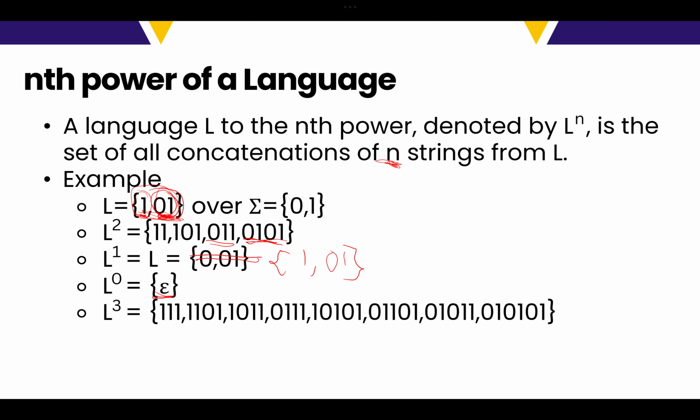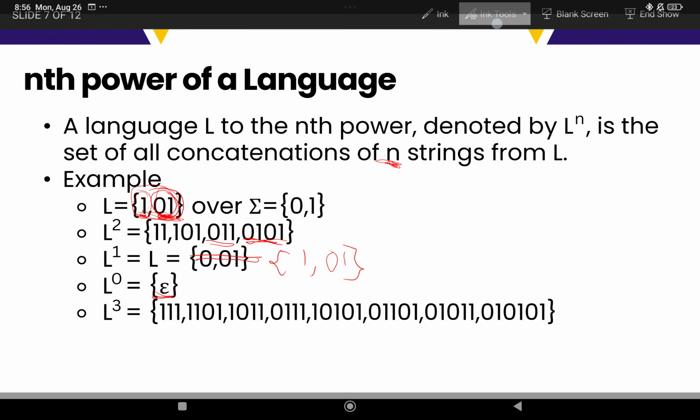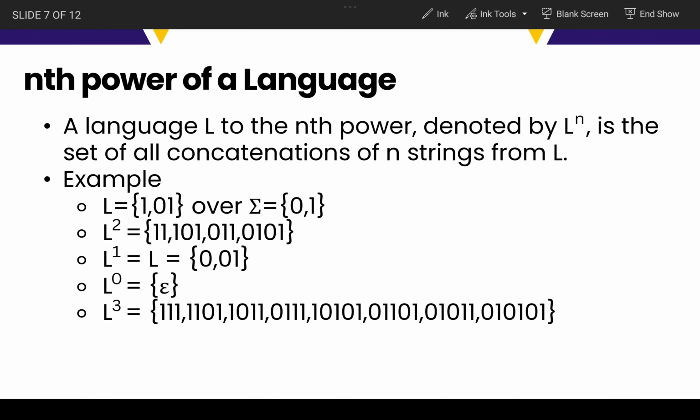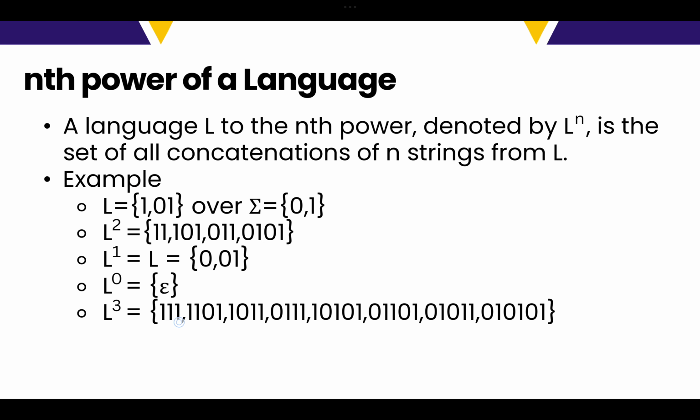Now, for L to the power of 3, katulo ka mukuha. So, i-reset nato ang ato. Katulo man, gikan ni siya kaning 111, this is from this, katulo. Now, kanina pod, 1101 is kaduha aning 1, then kas-a aning 01.